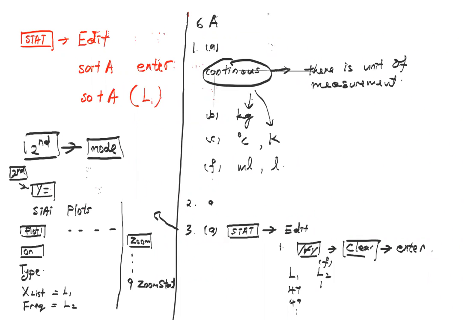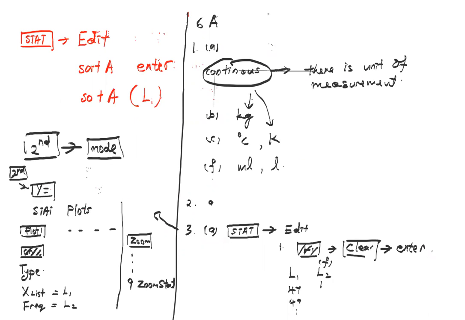And then? Okay, turn it on. You turned it on already? Oh, I didn't turn it on just now. Okay, you have to turn it on. You have to make sure the cursor is here, you press enter. Then you go to the type, you go to the histogram, you press enter again.